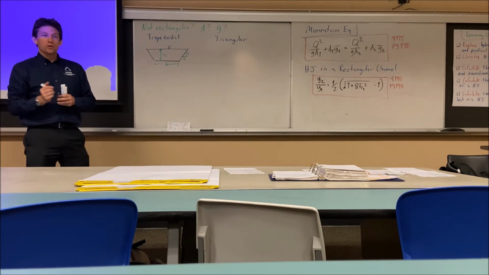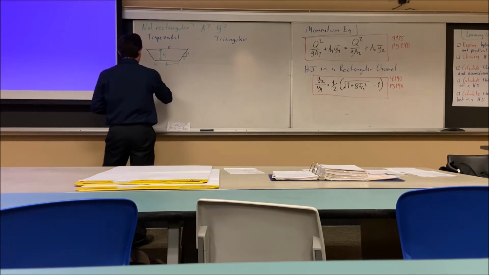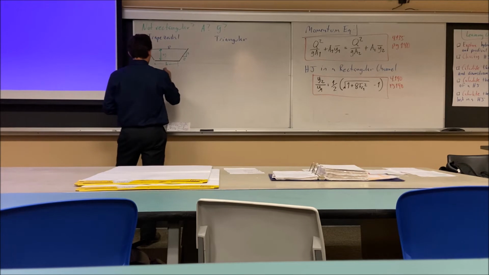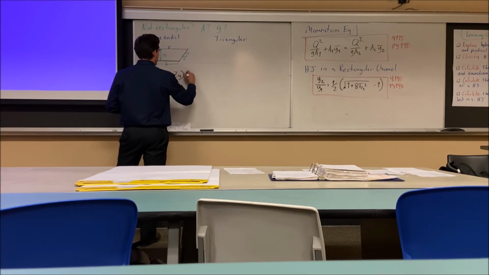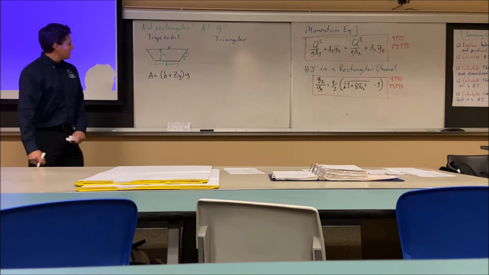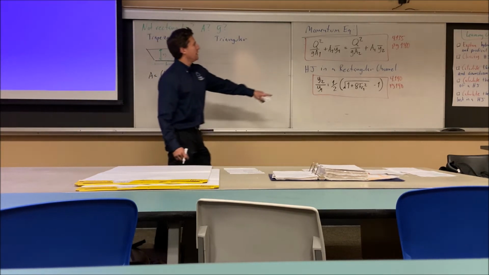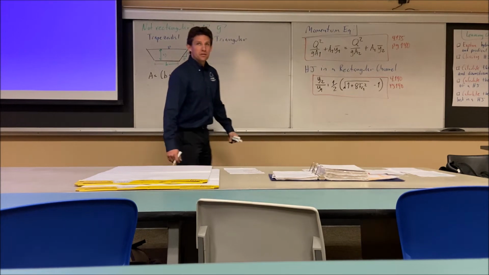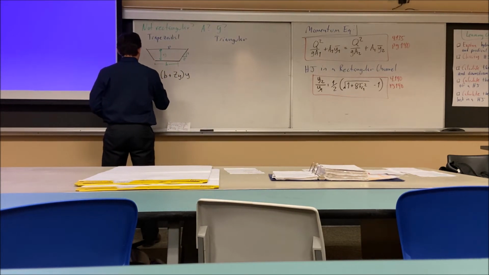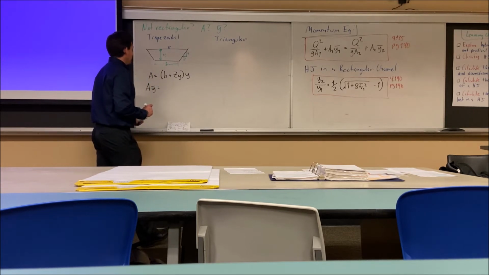The great thing for a trapezoidal channel is that A is equal to B plus ZY times Y. That's not so bad. You can easily plug that in here and get your forces. Same thing for Y bar, right? You can easily get that.